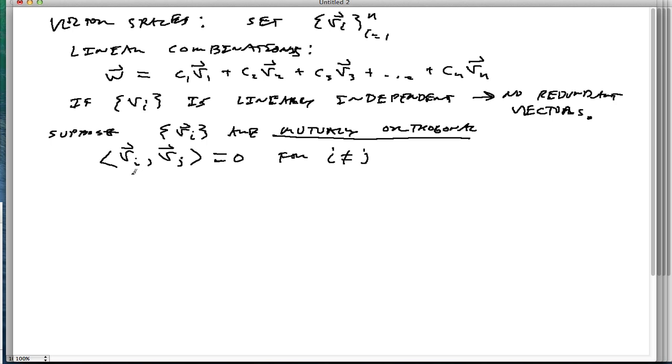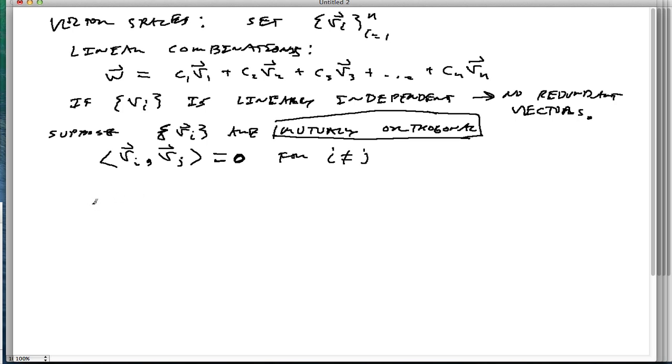Okay? So if you take two distinct vectors from our set and we take their inner product, we find out they are orthogonal. So this is a property of our set. We're going to assume now we can create orthogonal sets.